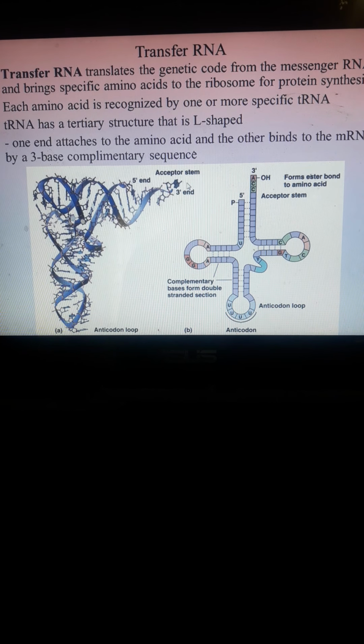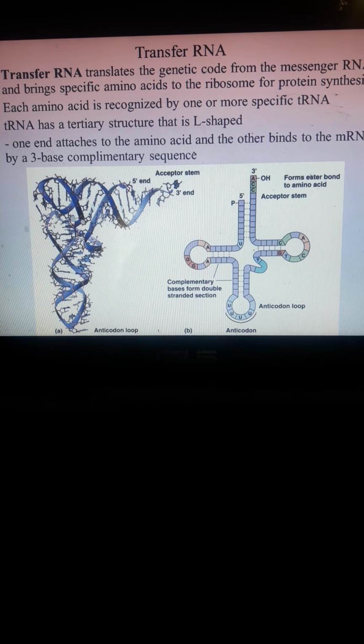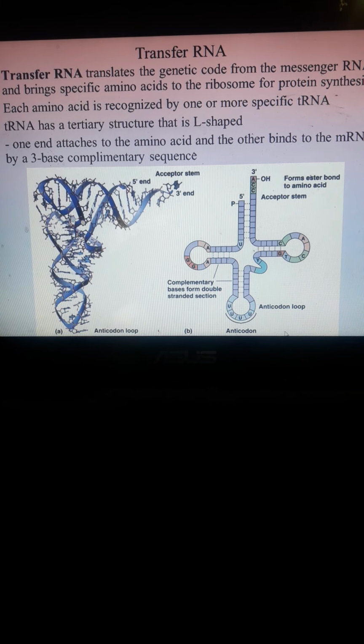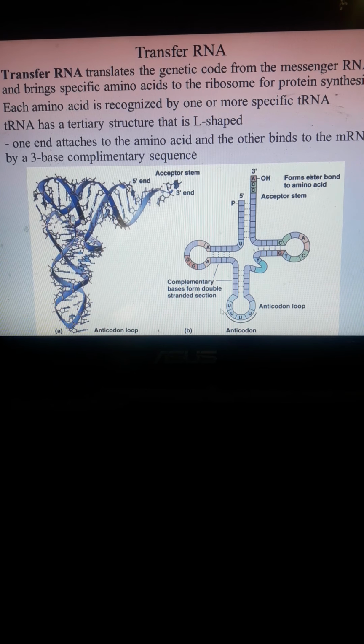Before magkaroon ng protein synthesis. So, usually, we have here ito yung anticodon loop. Ito yung tinatawag natin na anticodon. Okay? So, ang anticodon loop, yan ang tinatawag na trinucleotide sequence. So, may mga sequence dyan, example, uracil. So, this is known to be the uracil. Okay?